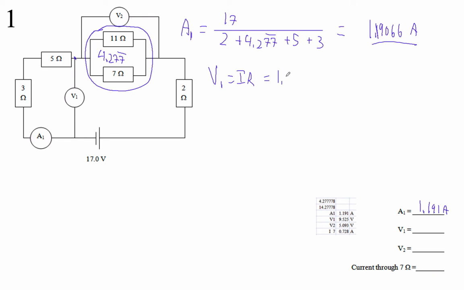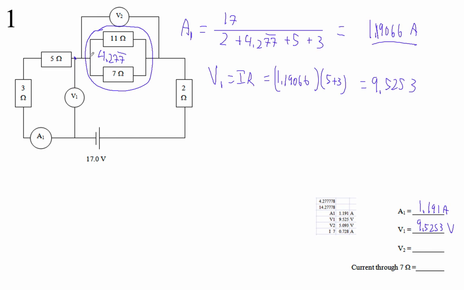That's going to be 1.19066 times 5 plus 3. Okay, so that times 8 is 9.5253 volts, right?